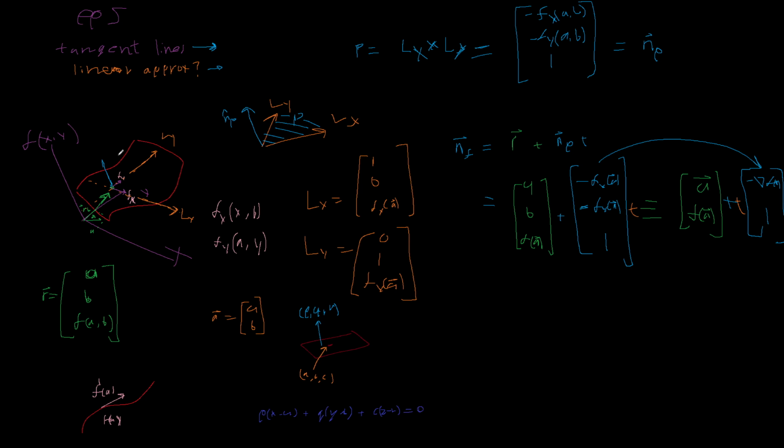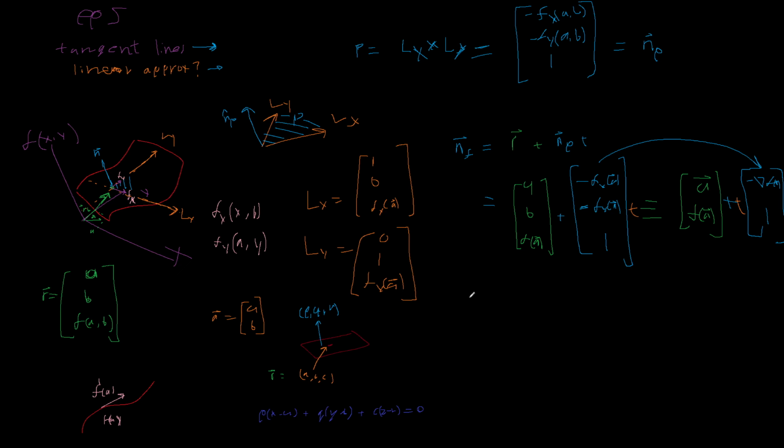And this is exactly what we have right here. This is our plane, this is our normal, this is that r that I talked about here. This normal vector is what I have here. So we can use this formula and combine them, and this is going to give us this equation.